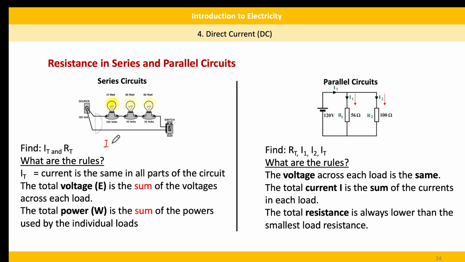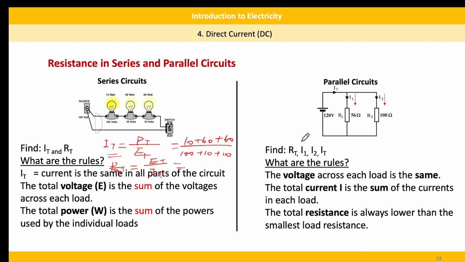IT is PT divided by ET. PT is 10 plus 60 plus 60, and ET is 110 plus 10. We get IT. So how about RT? RT is ET divided by IT. Okay, so you can get the total resistance RT.